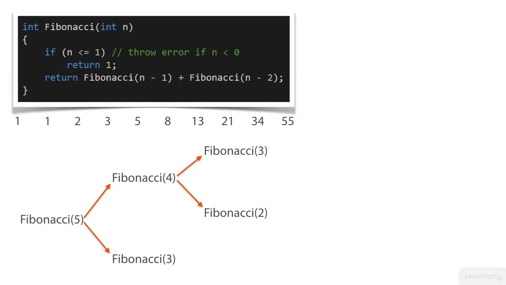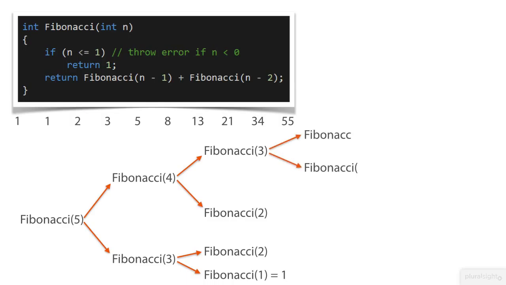Fibonacci of 4 results in two new calls, namely to Fibonacci of 3 and Fibonacci of 2. Also, the Fibonacci of 3 from before similarly results in two new calls, namely Fibonacci of 2 and Fibonacci of 1. Notice that at Fibonacci of 1, that part of the recursion tree stops as the function just returns 1.